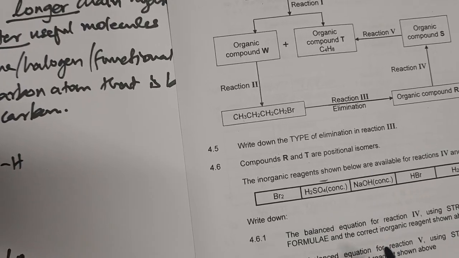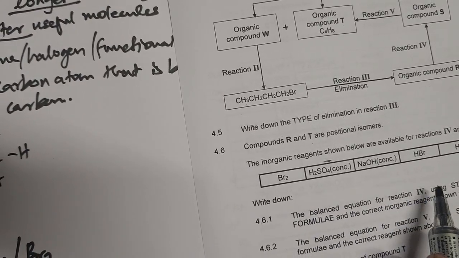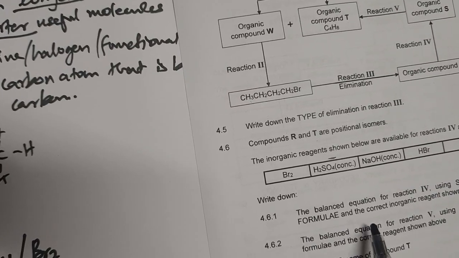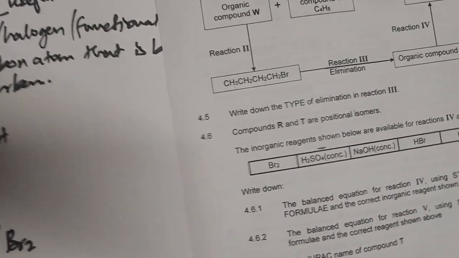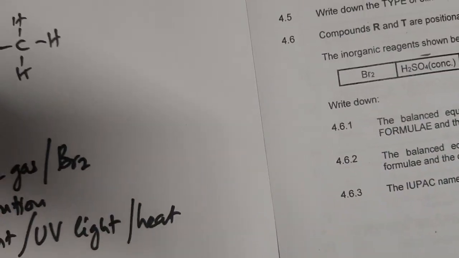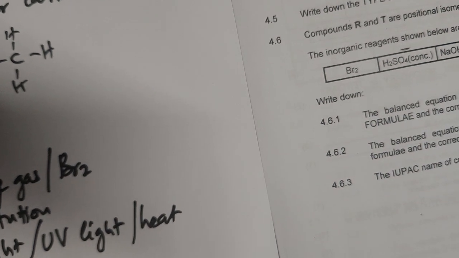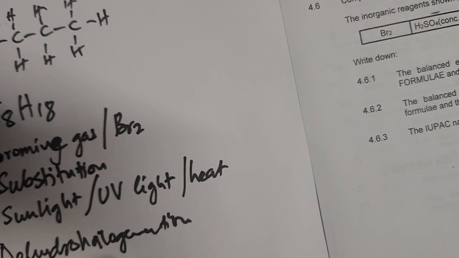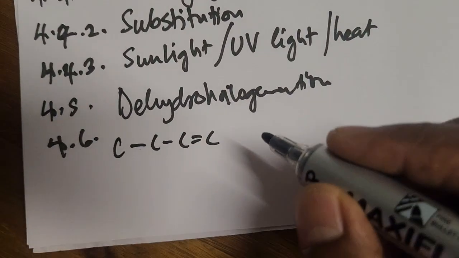So fine. Then write down the balanced equation for reaction 4 using structural formulae and the correct inorganic reagent shown above. So you choose any one from the list here. Fine. We know that for hydration we need your organic compound that is but-1-ene. Fine. The double bond is at carbon number 1.